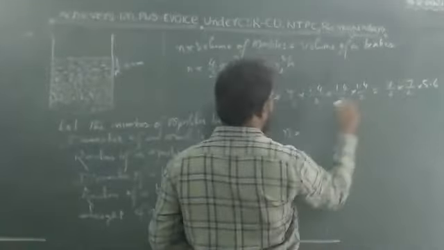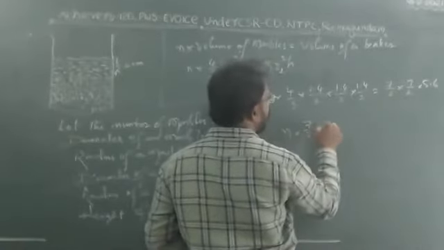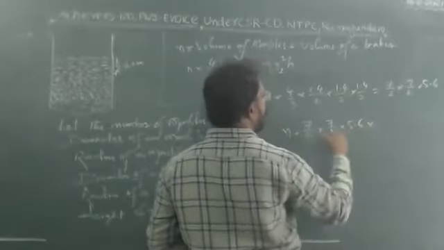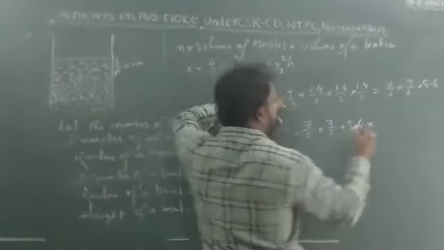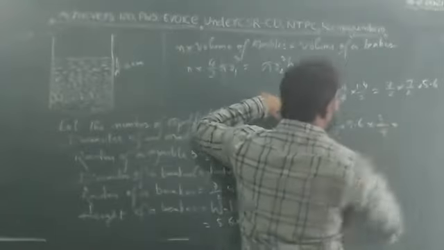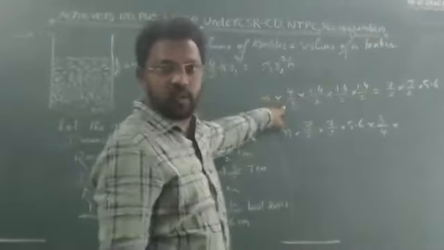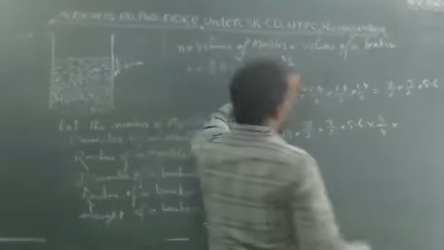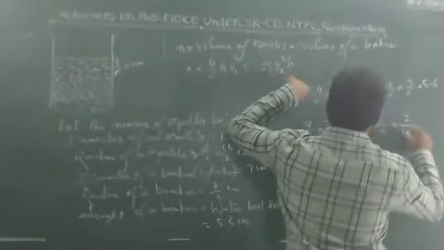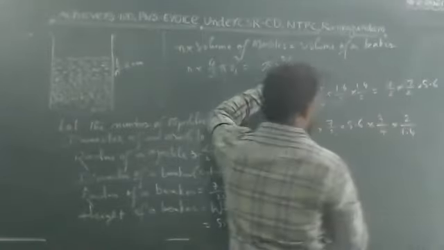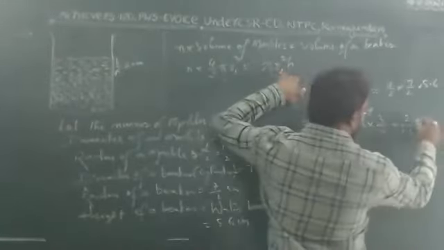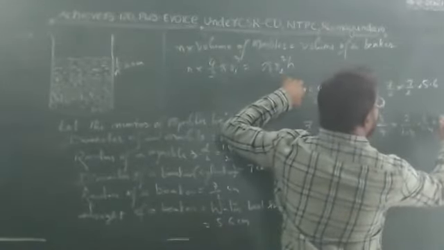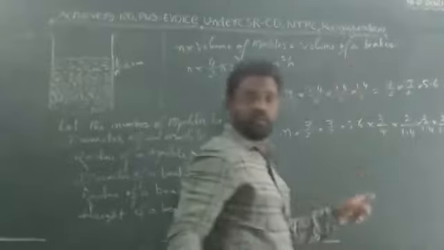N is equal to 7 by 2 into 7 by 2 into 5.6, into the 4 by 3, which comes here as 3 by 4. Just send it to the RHS, it goes as the inverse. And 1.4 by 2 becomes 2 by 1.4, three times, into 2 by 1.4 into 2 by 1.4.